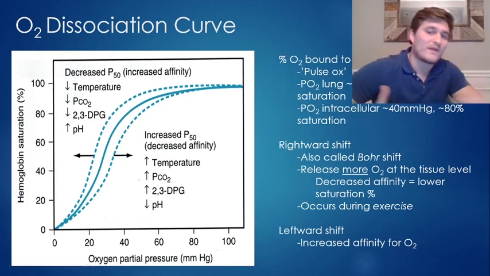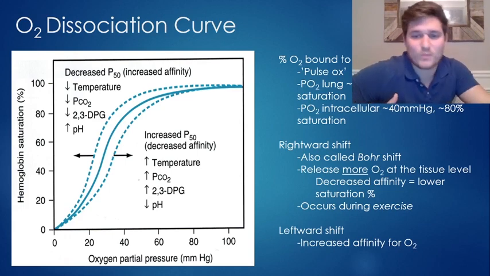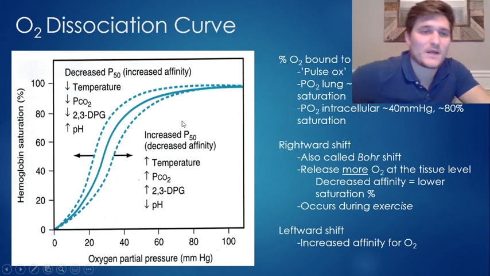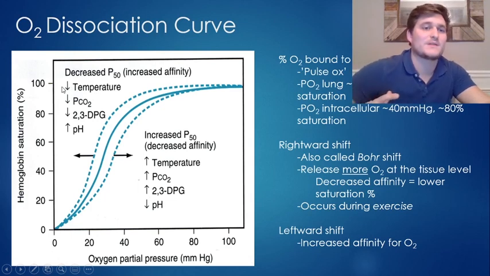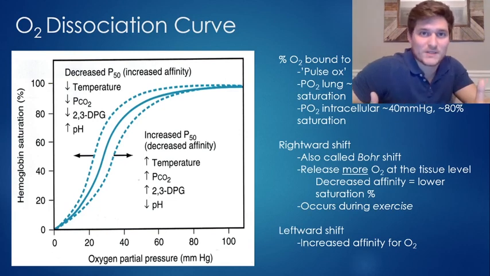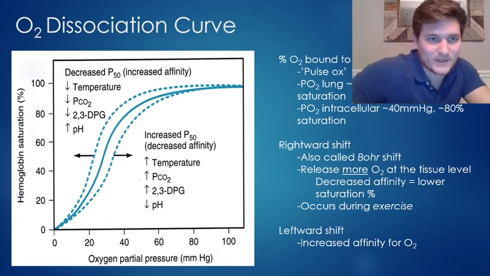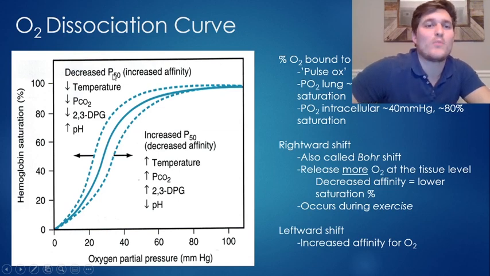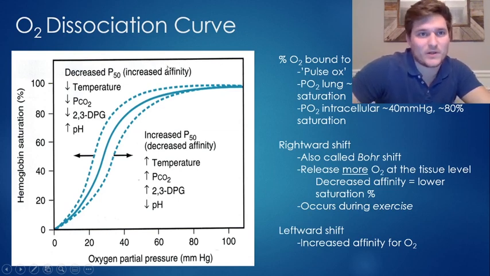Now, there are also leftward shifts of this curve as well, and this is going to increase the affinity of hemoglobin for oxygen. And so if temperature decreases, if CO2 decreases, if biphosphoglycerate decreases, or if pH increases, aka less hydrogen ions are being produced or within that bloodstream, then we get more oxygen bound to hemoglobin, more oxygen bound to those red blood cells.